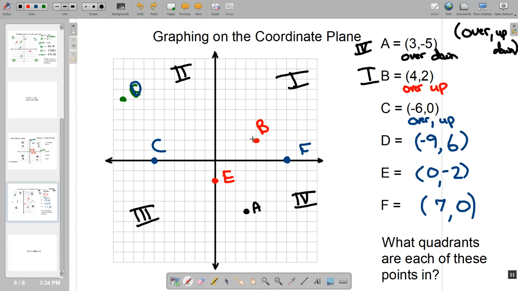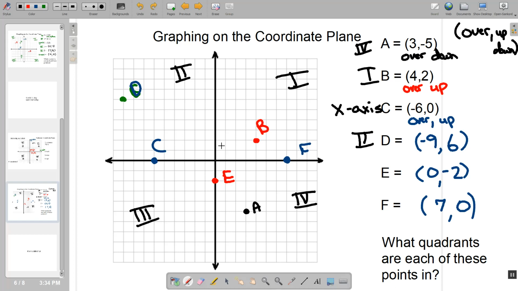Now C is a little bit tougher because C is actually between quadrants 2 and quadrant 3. And you wouldn't say it's between quadrant 2 and quadrant 3. That's very messy. Instead, we can say that it's on the x-axis. Okay. D is in quadrant 2. E has the same problem as C did.